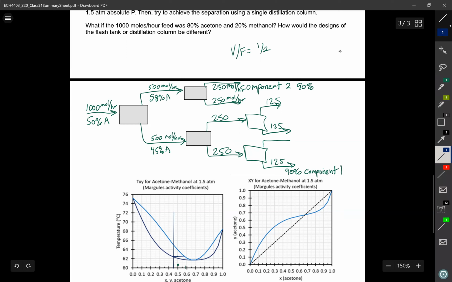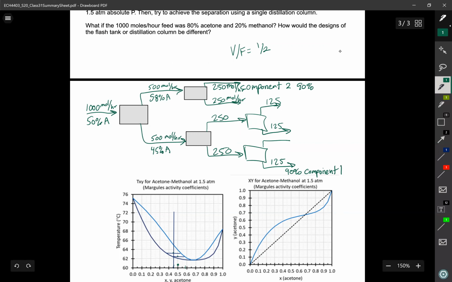So I want to pick a temperature at which I split my moles equally. I have to pick a temperature where my point is right in the middle. So it's not too far up, a little bit warmer, and that gets me an even split.